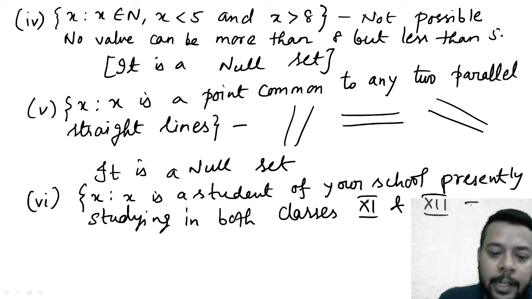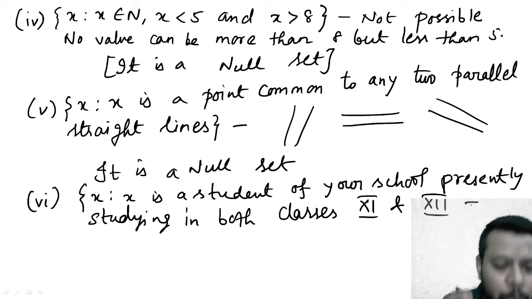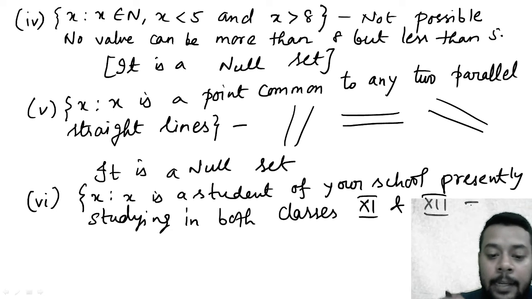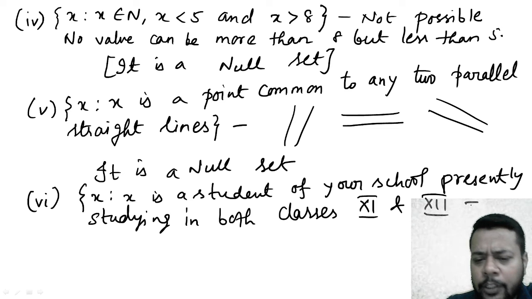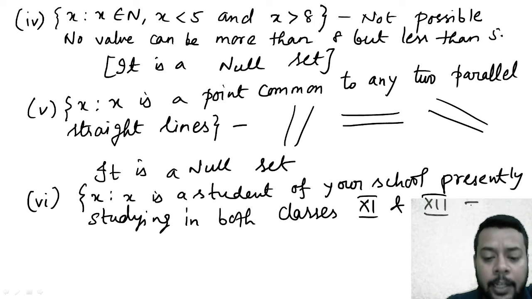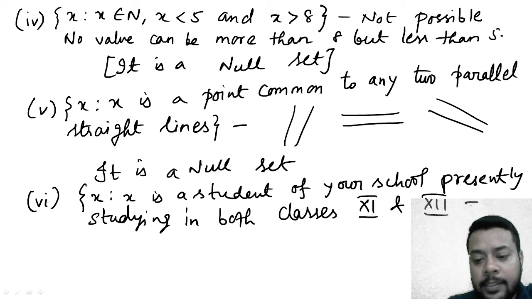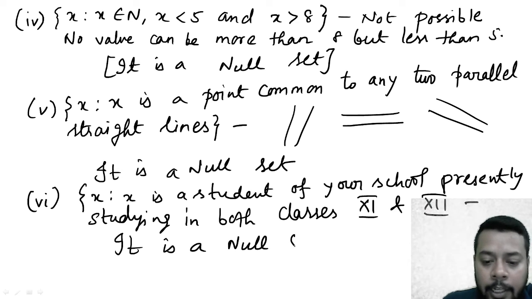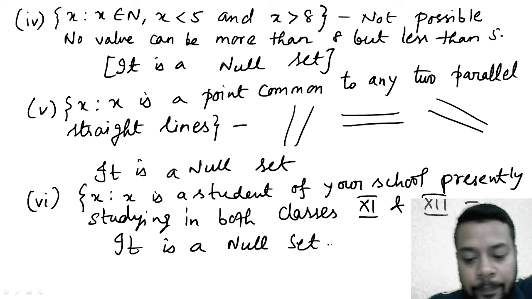Just understand this question. Can any student in the school study in two classes at the same time? It is not possible. So that is why this is also a null set. A student cannot study both class 11 and 12 at the same time in the same year, right?